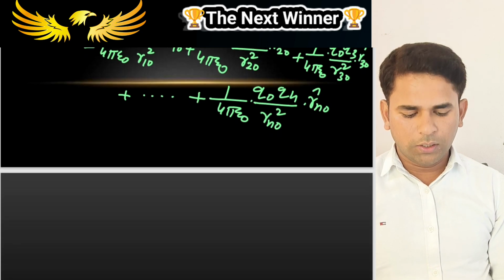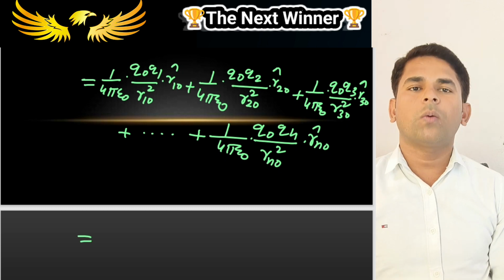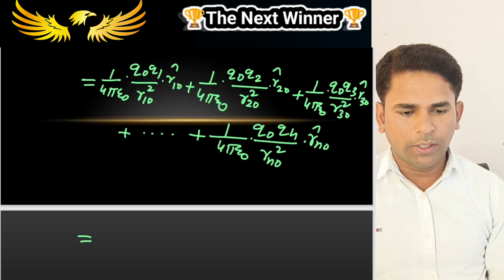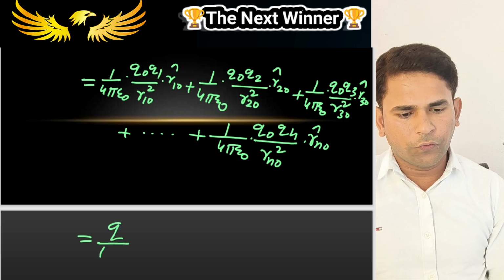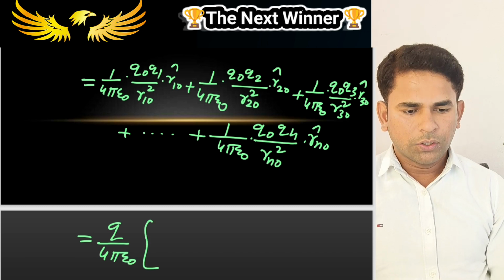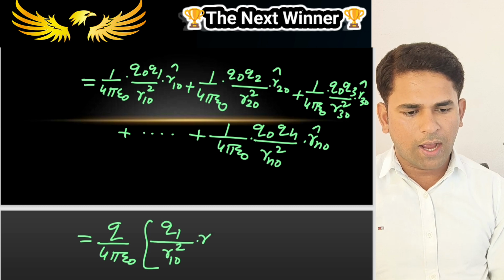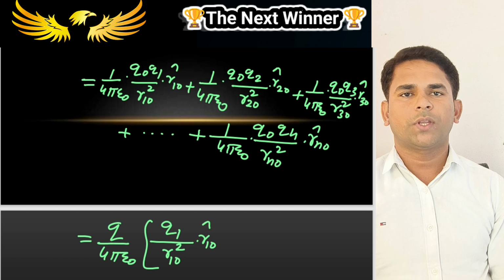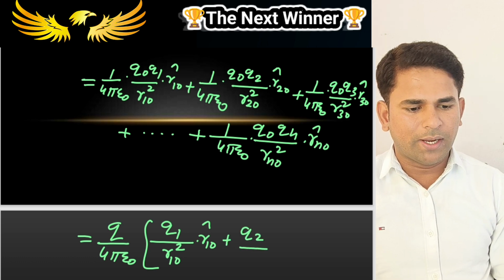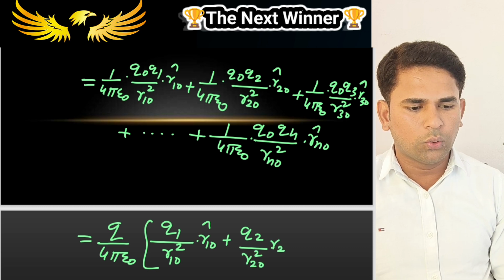Now what can you take common here? Everywhere q naught upon 4 pi epsilon naught is common. So you write common q naught upon 4 pi epsilon naught. In the bracket, you can write q1 upon r1 naught square into r1 naught cap. Yes or no? Now for the second you can write q2 divided by r2 naught square into r2 naught cap.